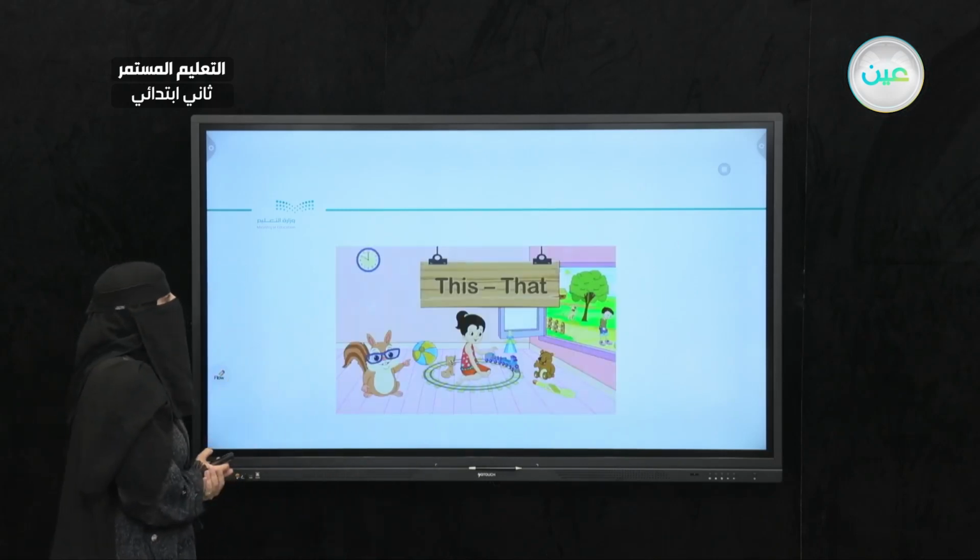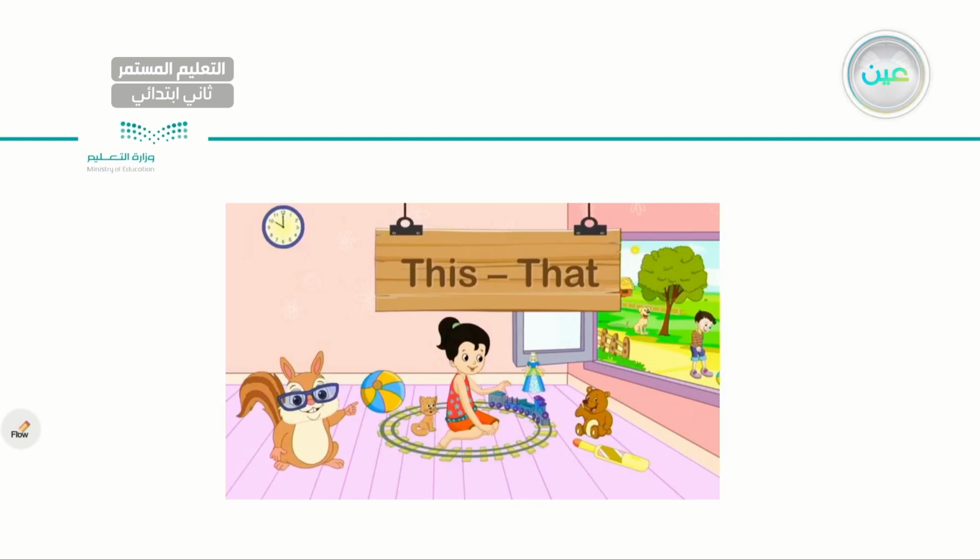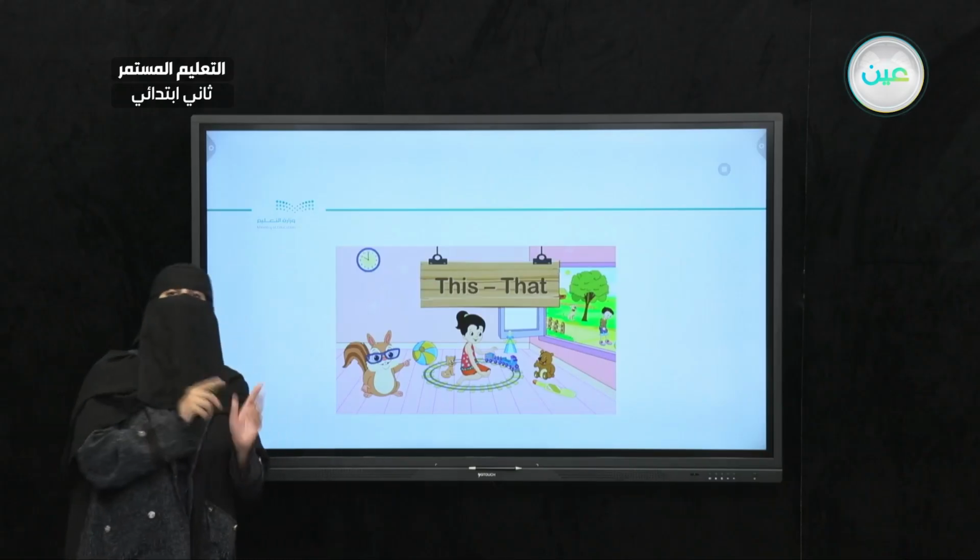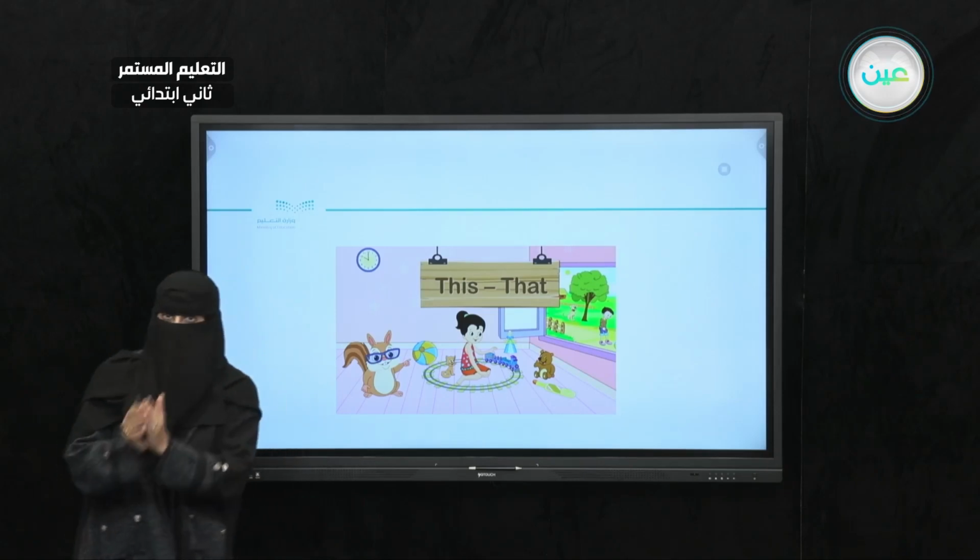As you can see in this picture, I have one of each. So I have a girl, a boy, a ball, a train, a clock, a window, a tree, a fence, a doll, a cat. I have one of each, right? Okay, so we will be pointing using this and that, okay?